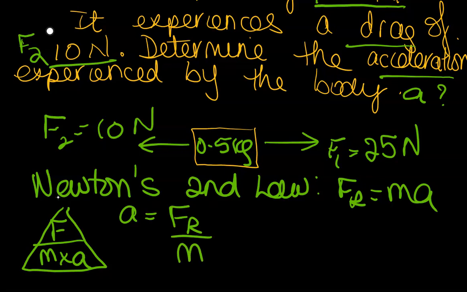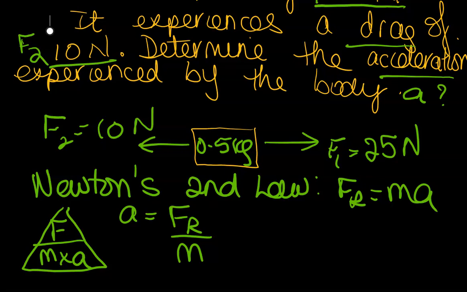So how do we get our resultant force? We have F1 is 25 and F2 is 10. Now, forces are examples of vector quantities, and a vector quantity has a magnitude as well as a direction. So we can combine these two separate forces, and because they act in opposite directions, you can combine them to show one single direction.